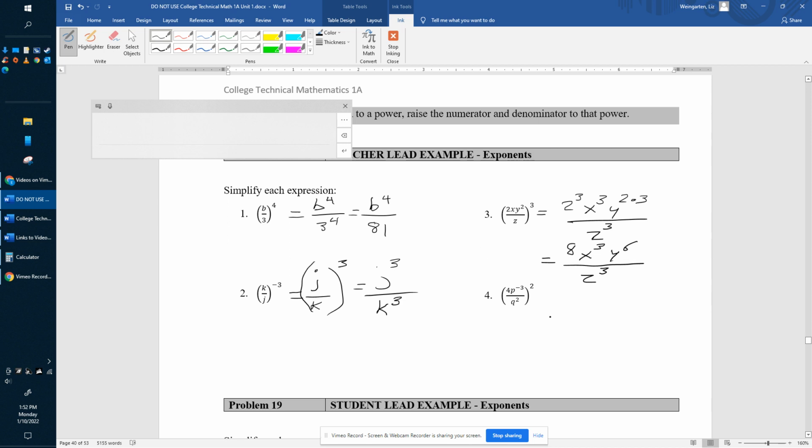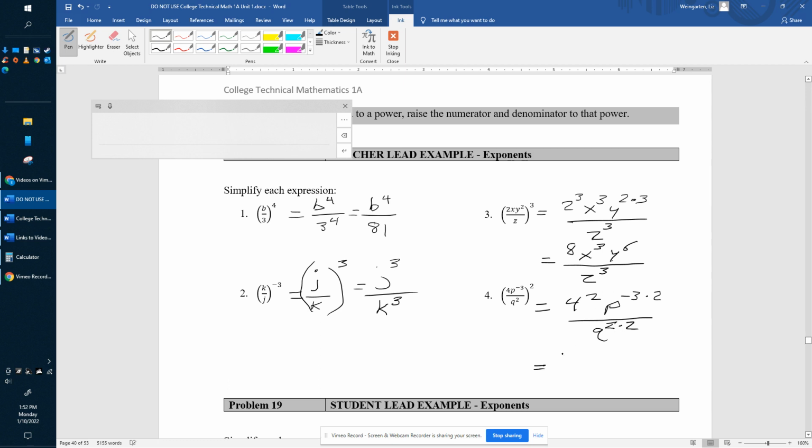Our last one, number 4, we're going to distribute this out as well. If you wanted to, you could get rid of the negative exponent first, but you don't necessarily have to do that right away if you don't want to. So you're going to have 4 squared p to the negative 3 times 2 over q to the 2 times 2.